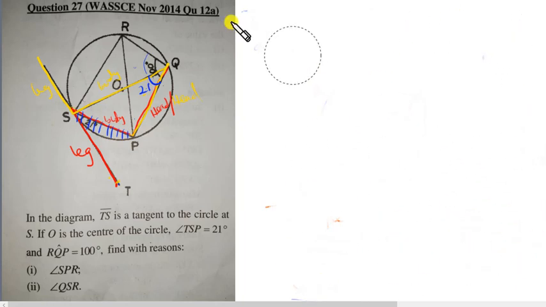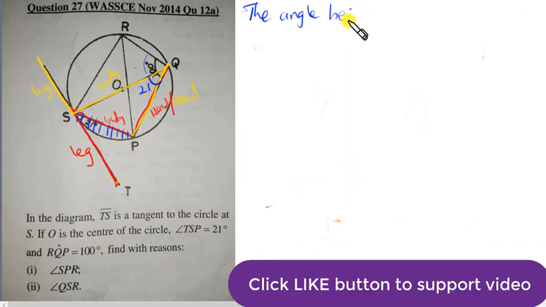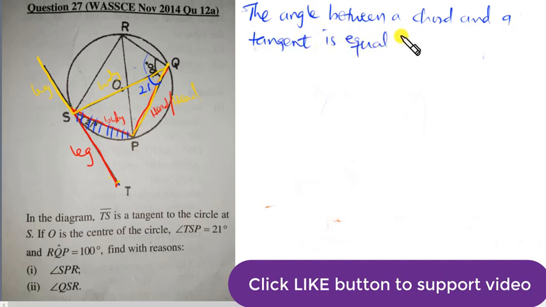So let us start to write something down, and let's look at how this can better be solved. Okay, so the first thing that we're going to write is that we tell the examiner that the angle between a chord and a tangent is equal to the angle in the opposite segment.